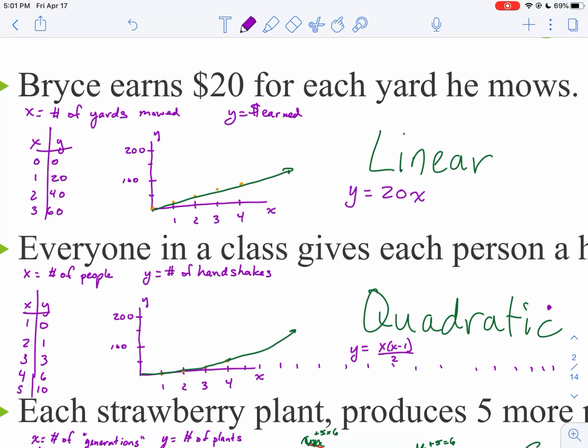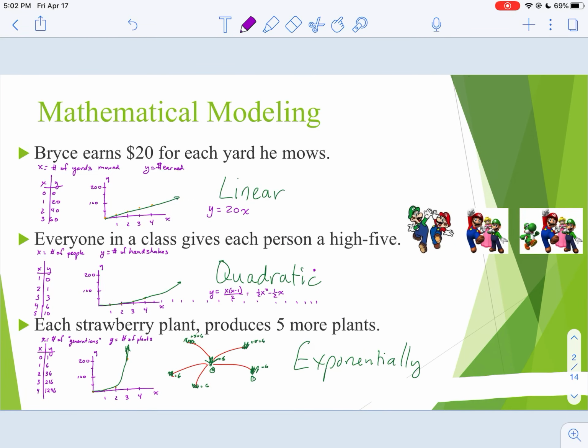Does that work? So when there's 4 people, we take 4 times 3 is 12 divided by 2 is 6. When there's 5 people, 5 times 4 is 20 divided by 2. And so if I multiply this all out, I'm going to get 1/2 x squared minus 1/2 x. Okay? And this last one here is y equals 6 to the x.